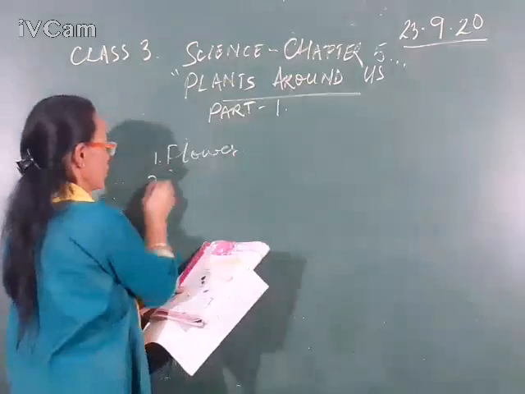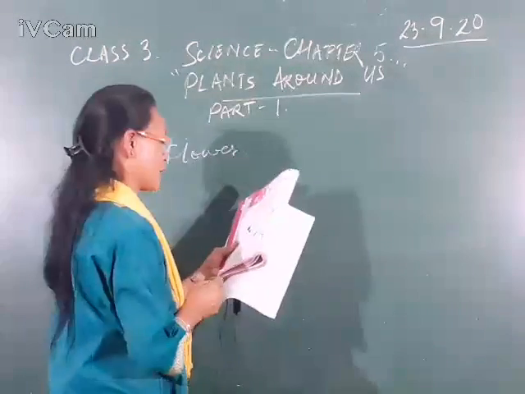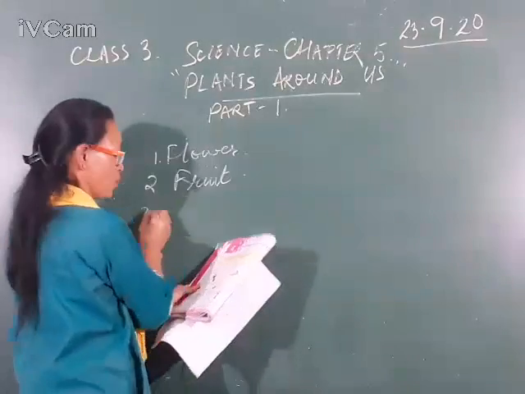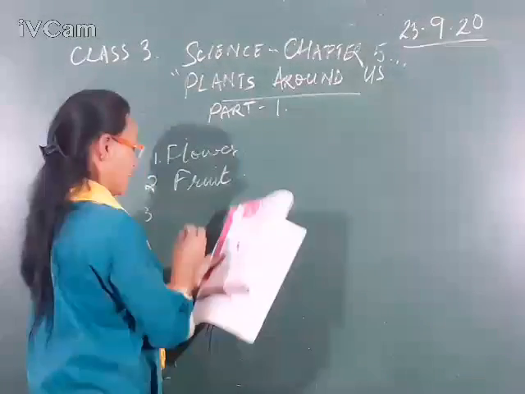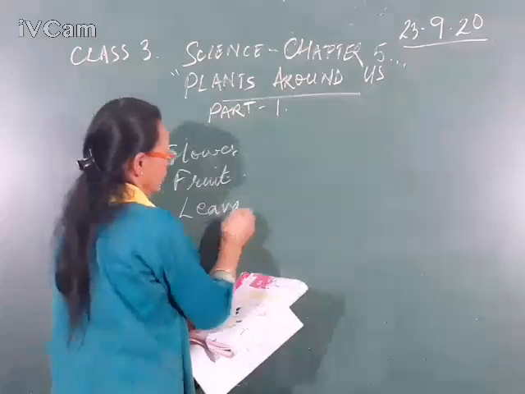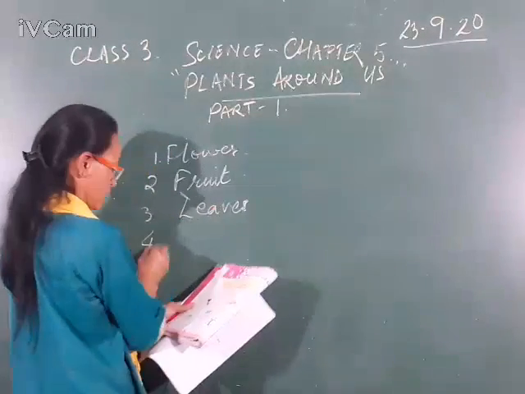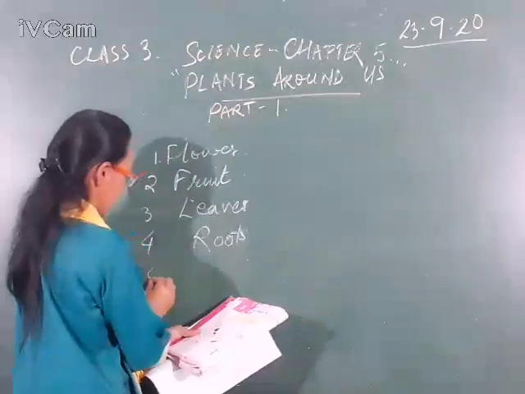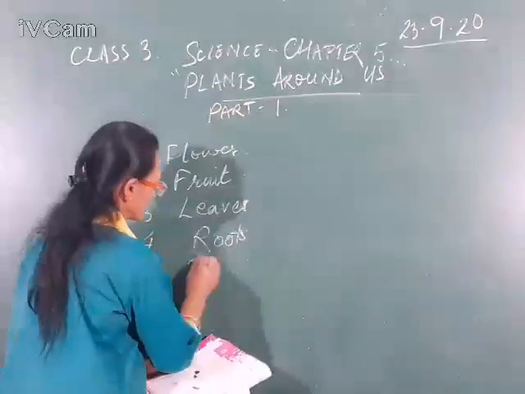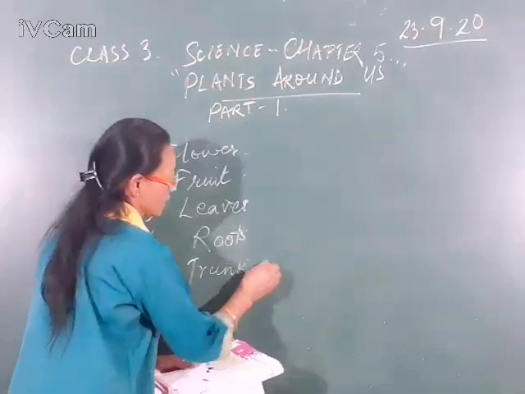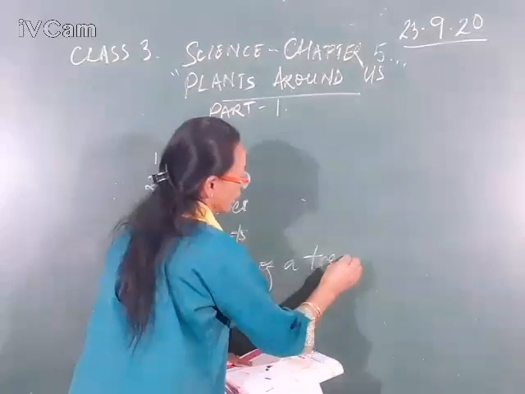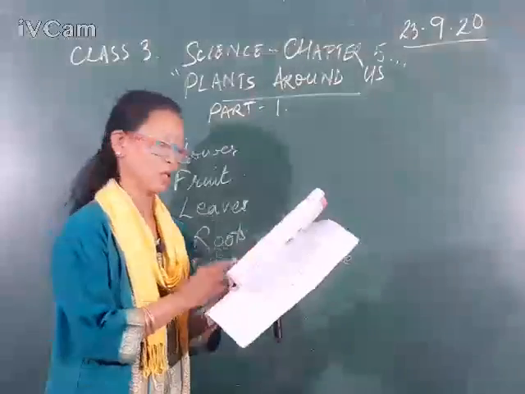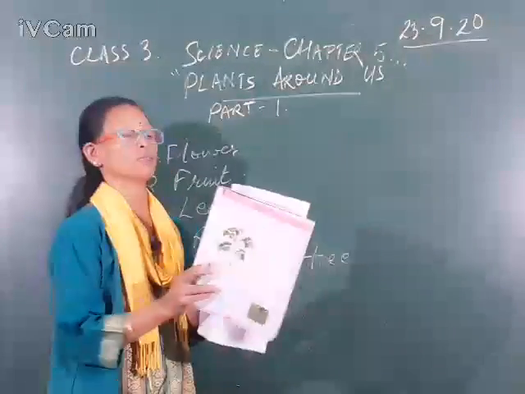The second one is fruit, and the third one is leaves, and the fourth one we have roots, and the fifth one we have trunk of a tree. So these are the words you have to fill in this picture.